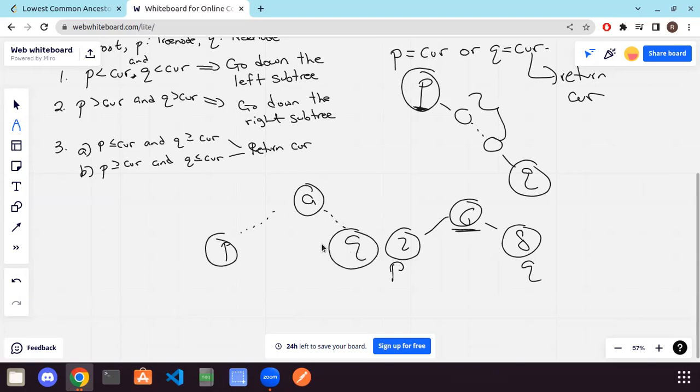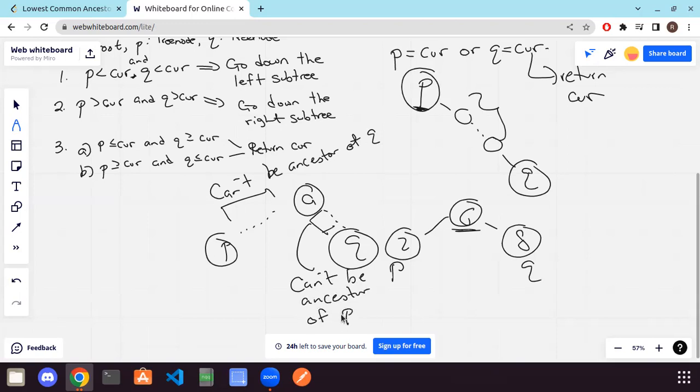Sorry, this is Q and this is P and this is A. None of these nodes can be an ancestor of Q, and similarly, none of these nodes can be an ancestor of P. So this node A right here is the lowest common ancestor of both P and Q.